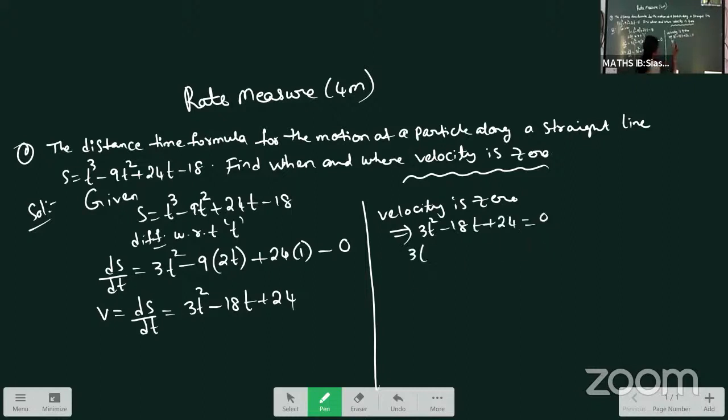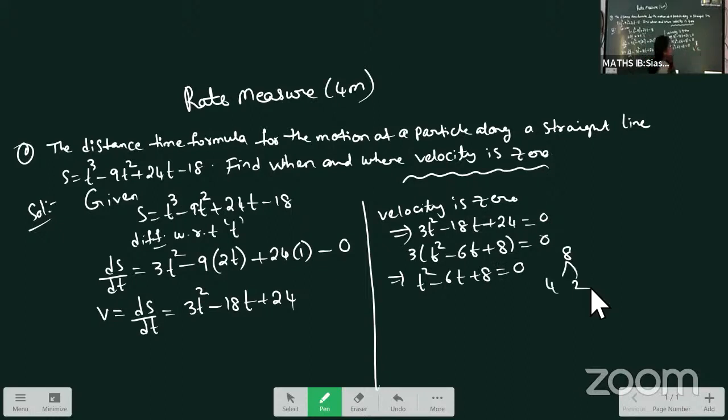Take 3 common, T square minus 6T plus 8 is equals to 0, 3 goes the other side. It is a quadratic equation. So 8 factors are 4 and 2. This is minus 4, this is minus 2.